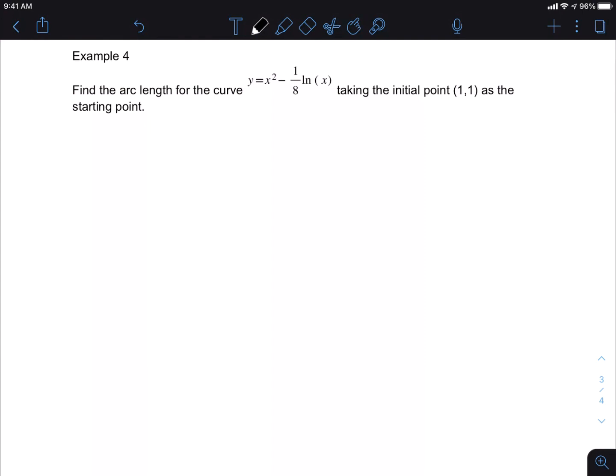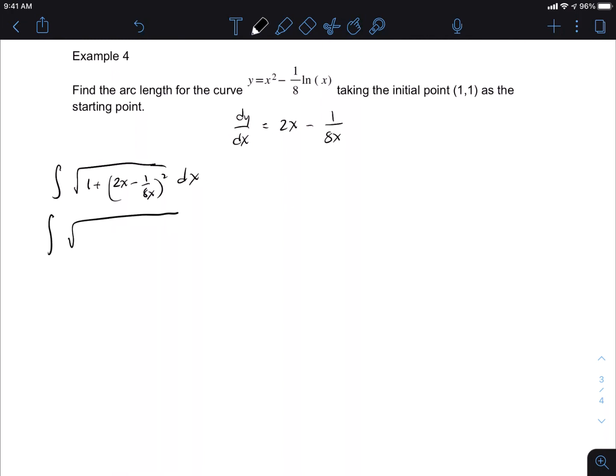So the first thing I need to do is I'm going to take the derivative. So I'm going to get dy/dx is going to be equal to 2x minus 1 over 8x. Agreed? Agreed. Okay. The integral, I don't know the upper and lower bounds, so I'm not going to mess with that yet. I'm going to try to clean this up. So I'm going to get the root of 1 plus (2x minus 1 over 8x) quantity squared, dx.